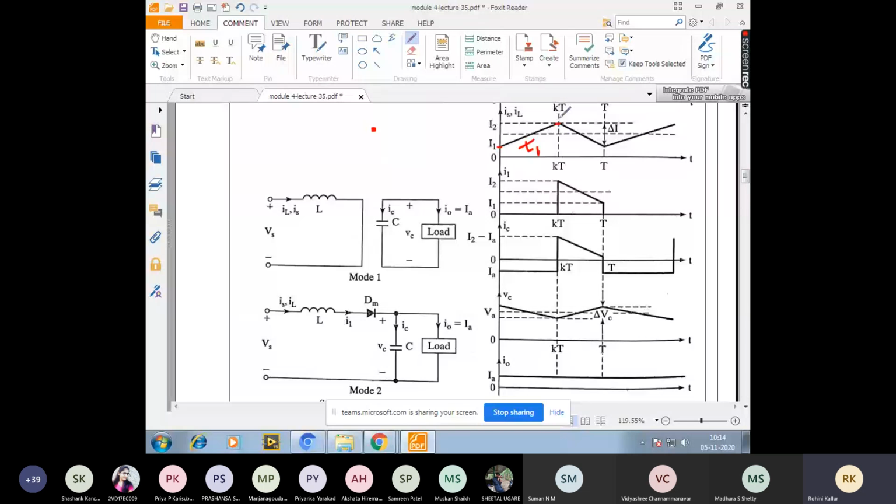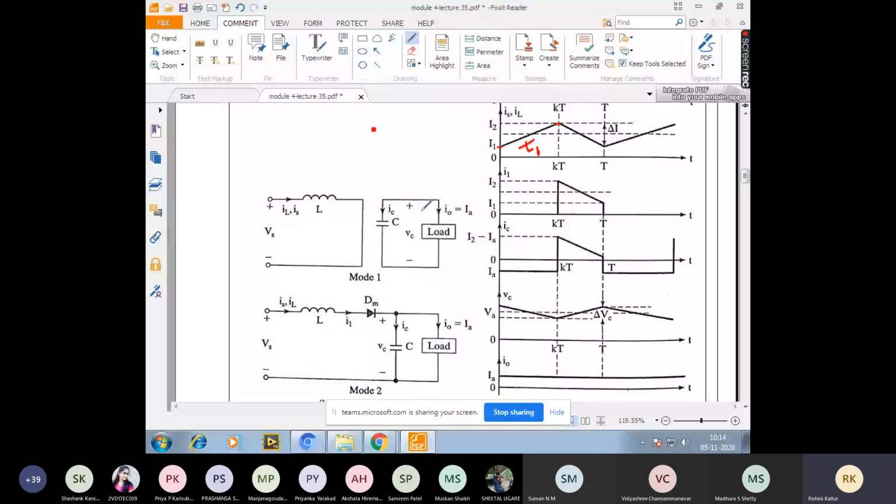So you have an increment in the current from I1 to I2. Whereas at that time the capacitor is not getting any current. The capacitor current flowing in mode 1 comes from the initial value of capacitor voltage, the charge stored in the capacitor, so it tries to discharge.